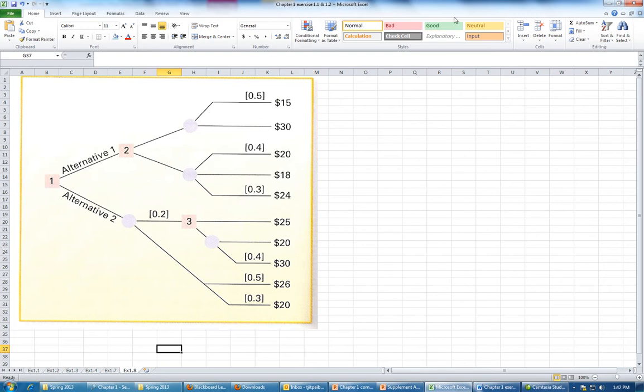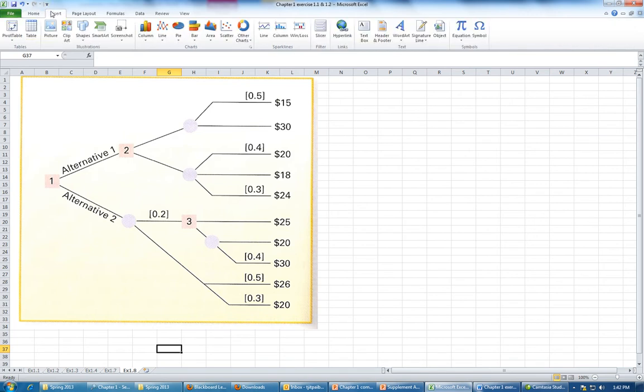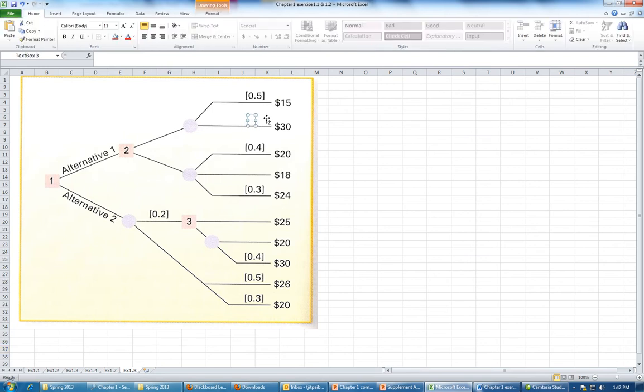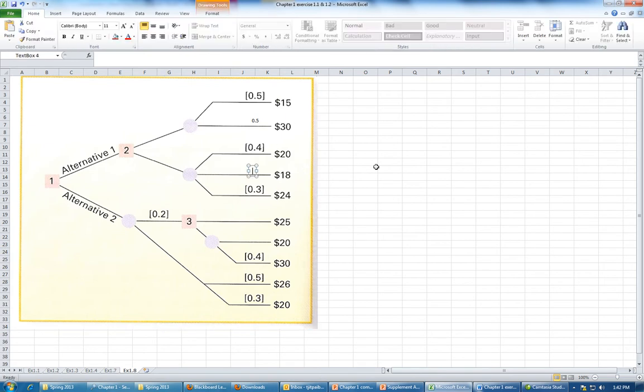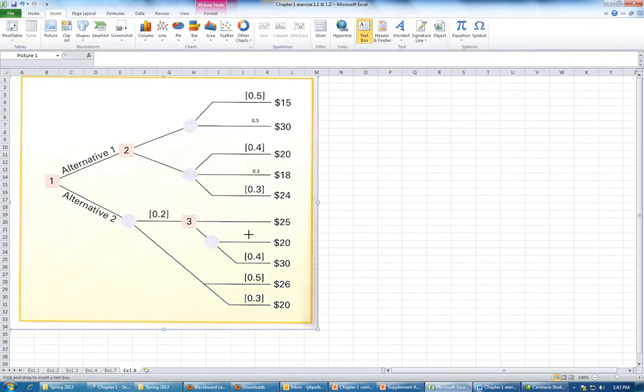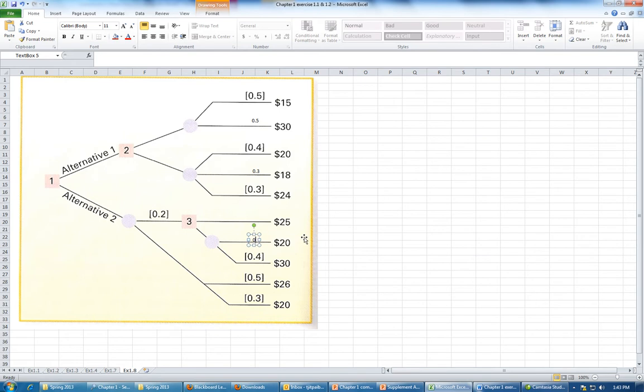So in this case, the first event, the probability will be 0.5, and the second one will be this one, which is about 0.6 to add up to 1, and the next one will be this one, which will also be 0.6.